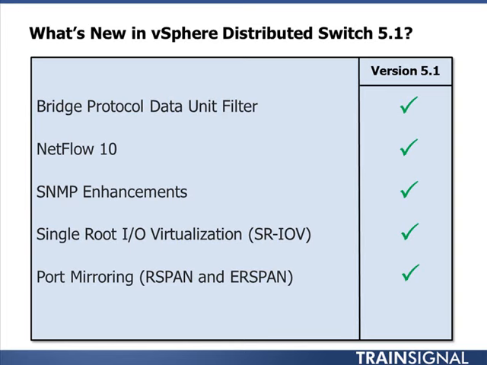However, let's say that you did something inside a virtual machine, like configured a virtual switch that did send BPDUs. You could actually cause a denial of service attack or downtime in the virtual infrastructure's network. To prevent this, new in vSphere 5.1, vSphere can actually filter BPDUs that originate from virtual machines running inside vSphere.